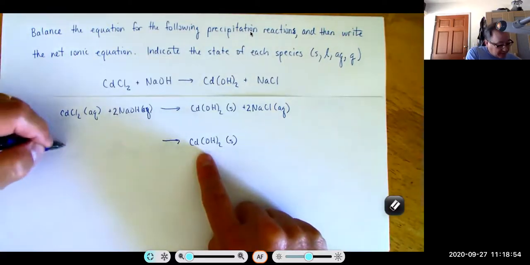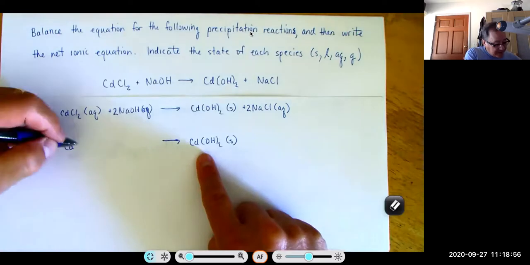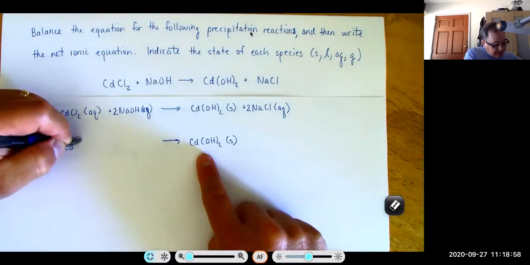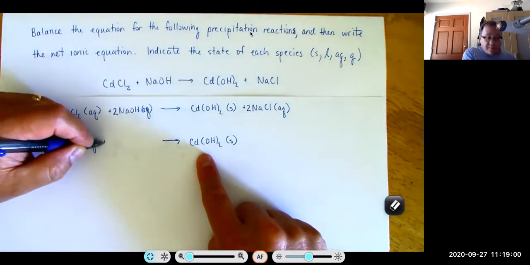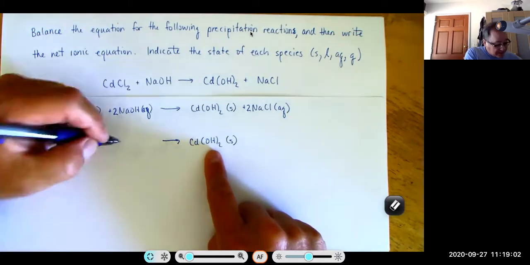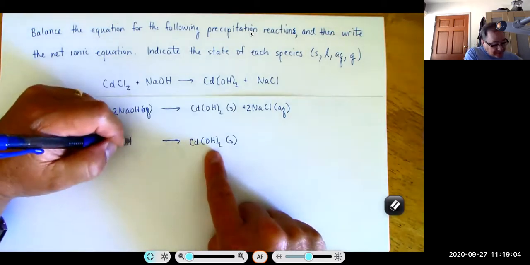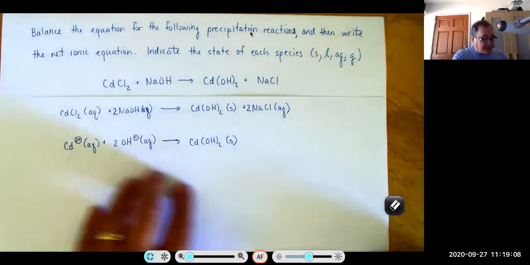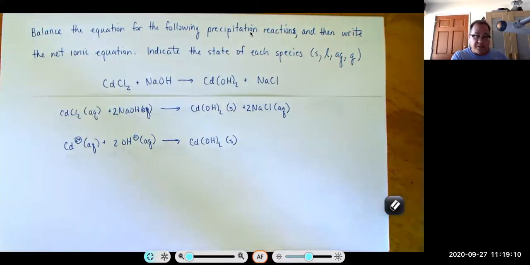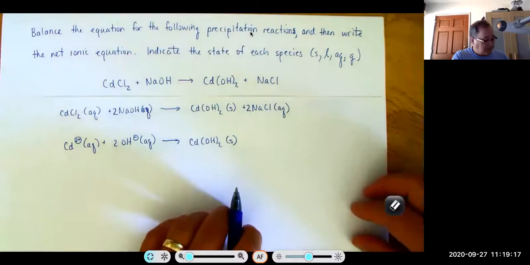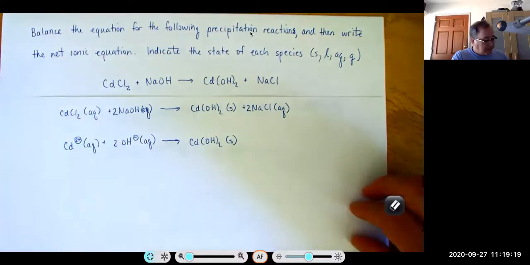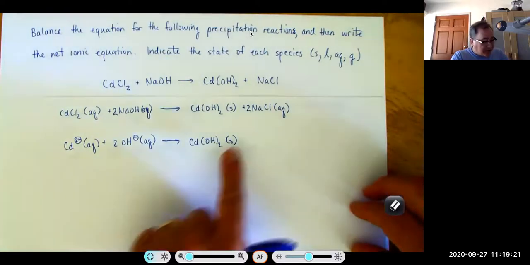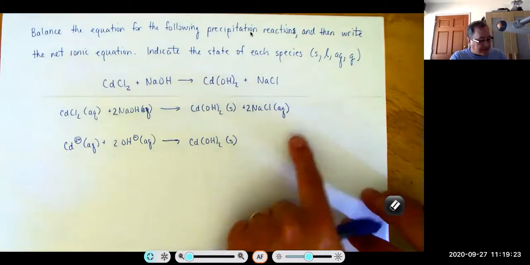Do we have a cadmium ion? You bet. And its charge is +2, and it's aqueous. And we have 2 hydroxide ions, and they are aqueous. So these ions are floating around in solution, and when they meet one another, they stick together, and they start forming a crystal lattice, and it becomes insoluble. So here is the answer to the balanced reaction, and here's the net ionic.